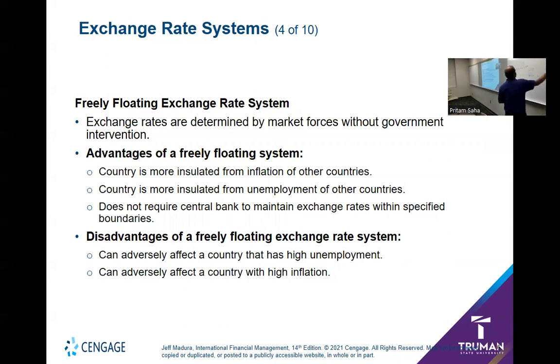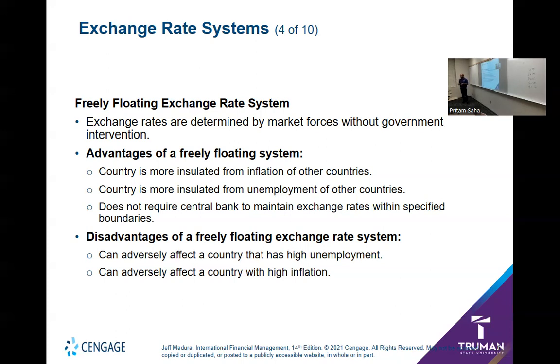So again, two countries in this world. Freely float. That means this exchange rate will keep changing. Right? Keep changing. Any of the directions. And which is the common practice nowadays, right?